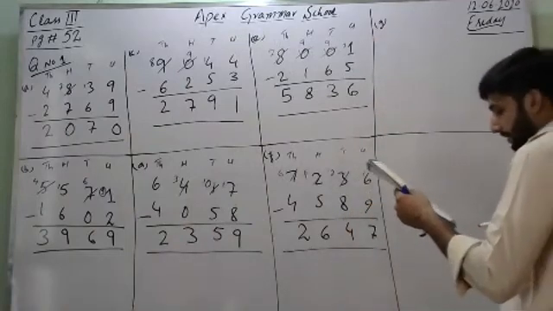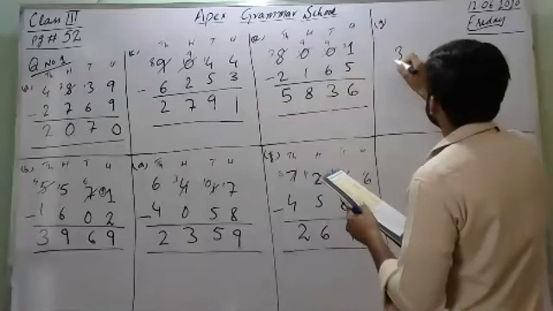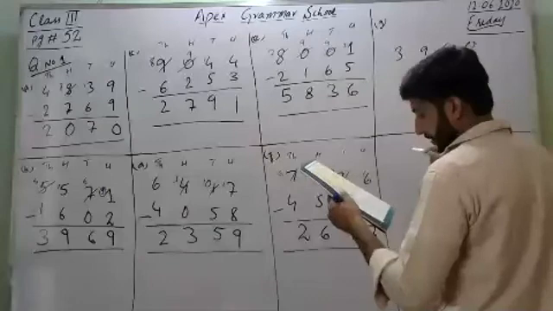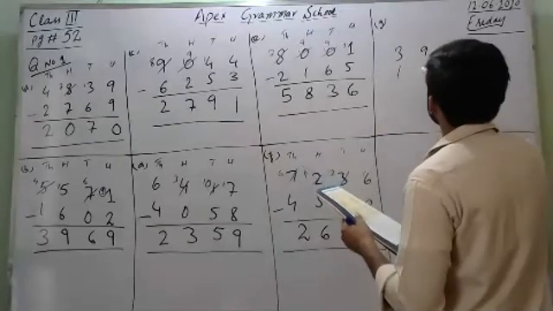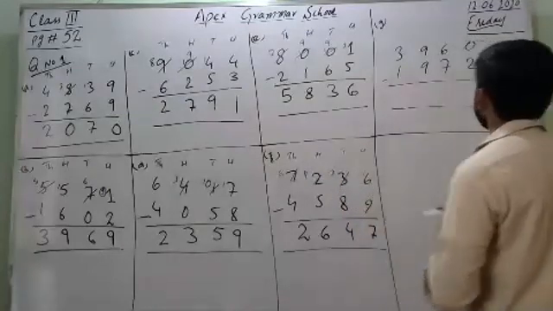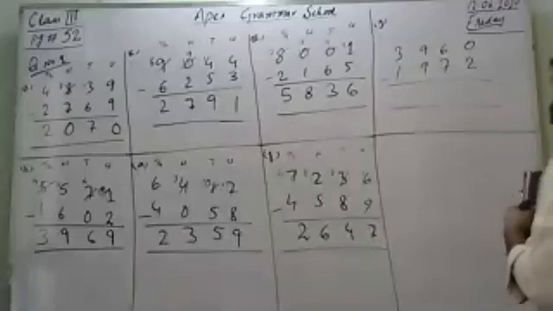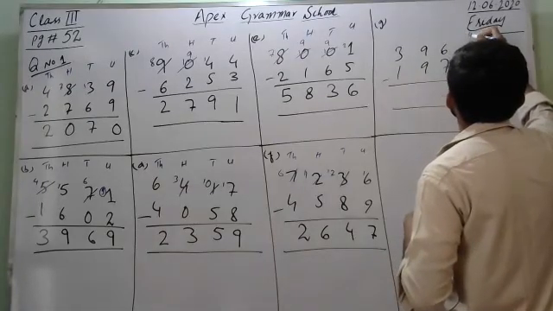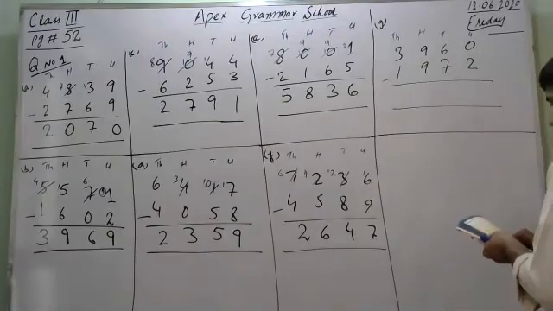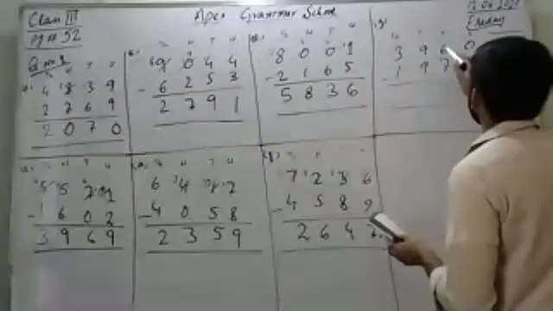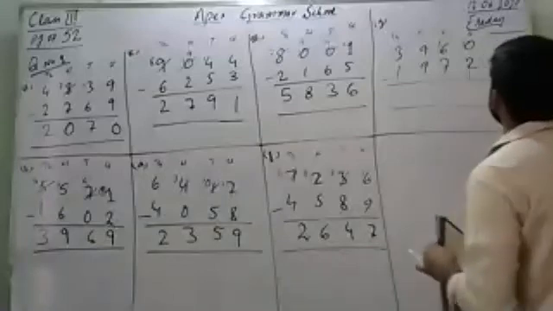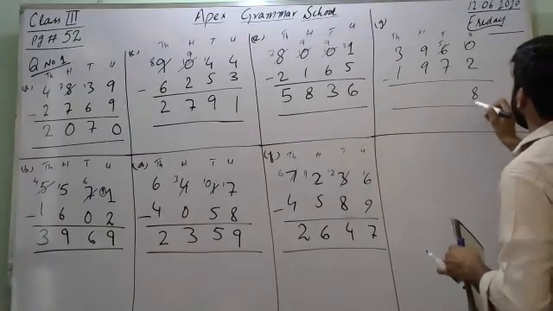G part is 3960 minus 1972. Now 10 minus 2 is 8. 5 is smaller.